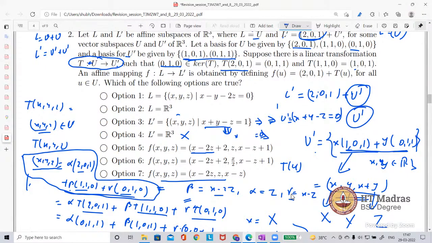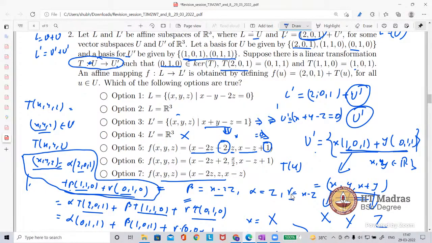If you see this one and this one, from here I can just subtract 201, like F of 000. Then that will be T. From that I can understand. Just neglect that constant part from all.